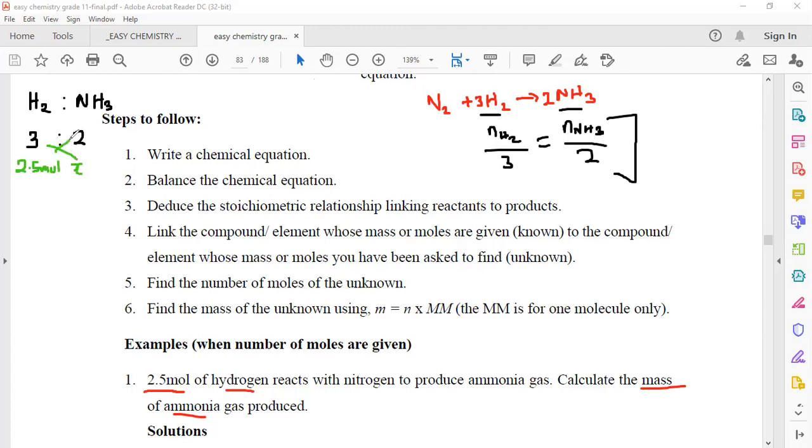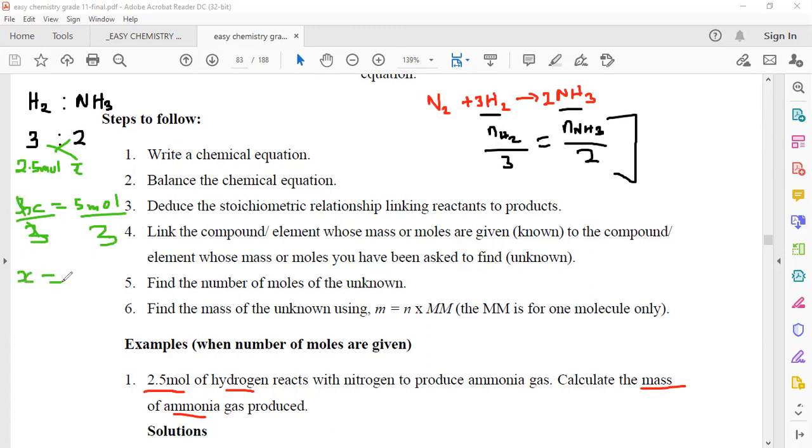So when we cross multiply, we get 3x is equal to 5 moles. Divided by 3. In this case, there's no need for us to find the moles, because the moles are already given.